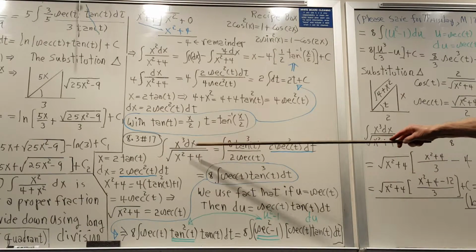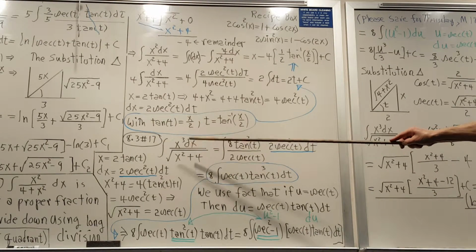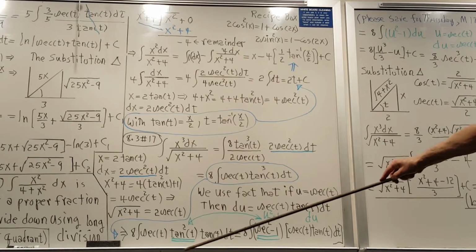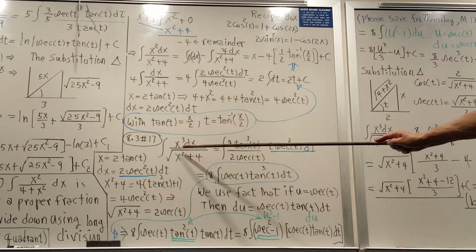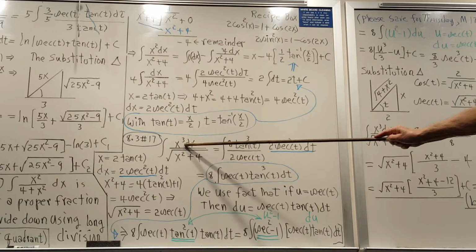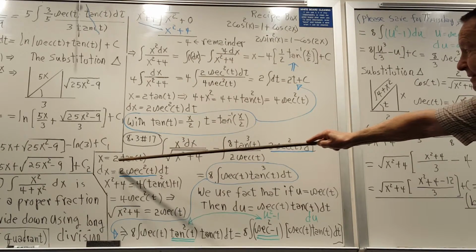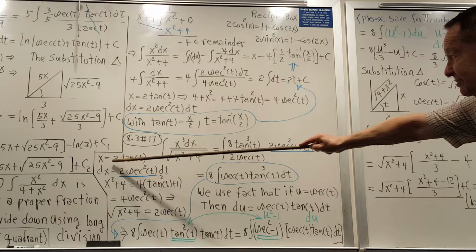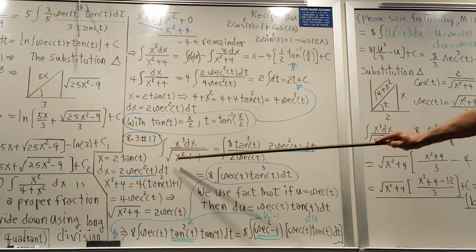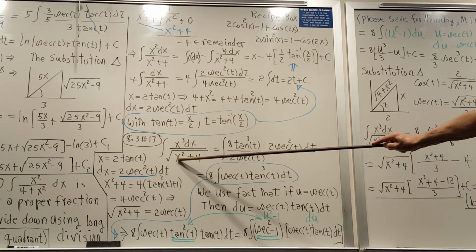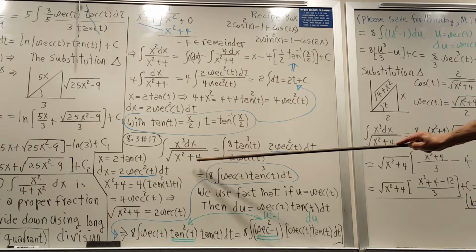So then let's look at 17. We have, again, the sum of squares. So if x is 2 tangent t, you'll have 4 tangent square plus 4.